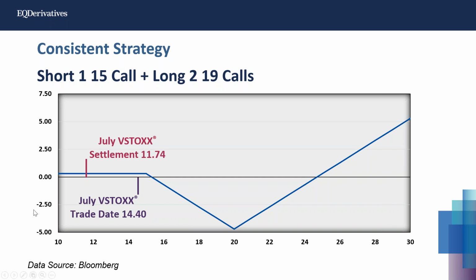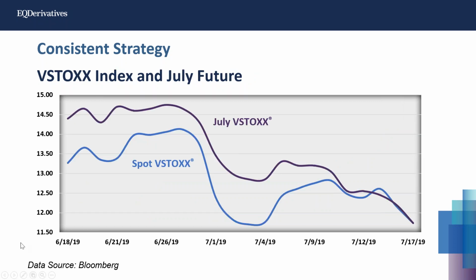On the trade date, the July VSTOXX future was at 14.40. We had a summertime lull, so we had a drift lower, and the July VSTOXX settlement was down to 11.74. Both options expired with no value, and the net result of this trade was a gain of 30 cents. And more often than not, that's the result of doing this sort of trade.